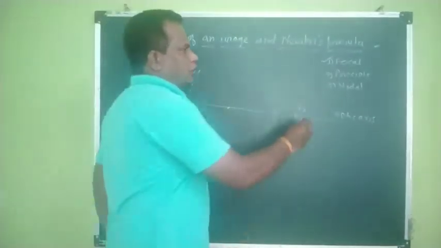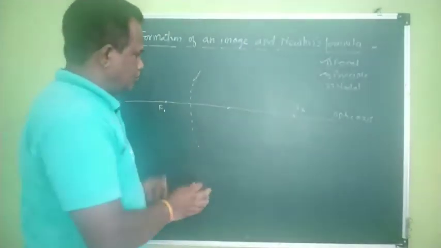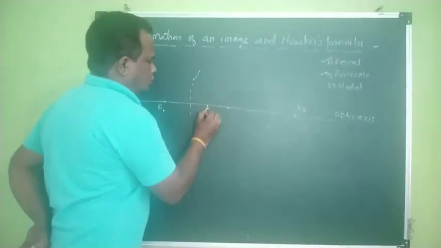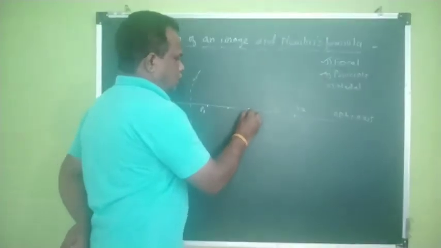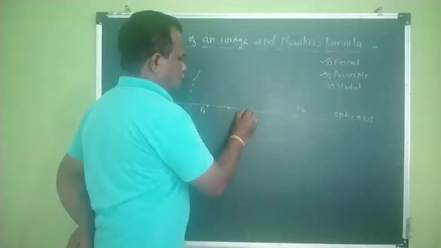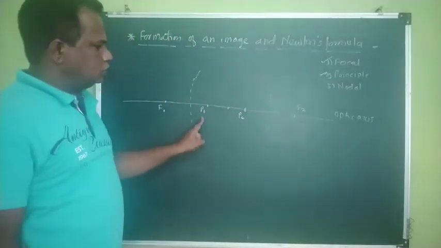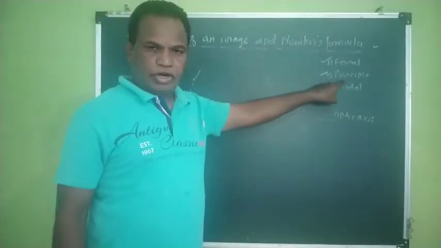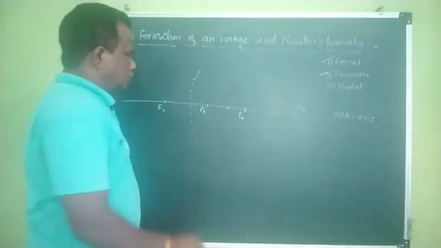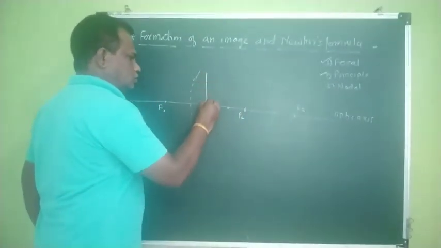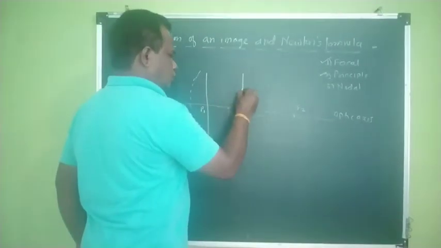Now next we are going to consider two principal points and two principal planes. On either side you have P1 here, and on the other side of the center P2 here. So P1 and P2 are the two principal points through which we can draw the two principal planes. This is one principal plane, and I will draw one more principal plane.